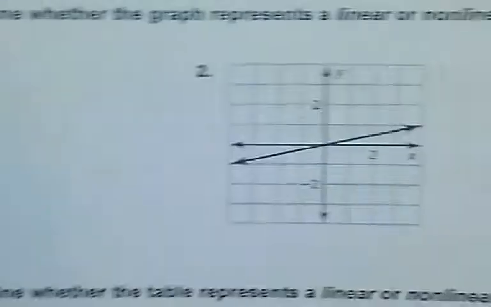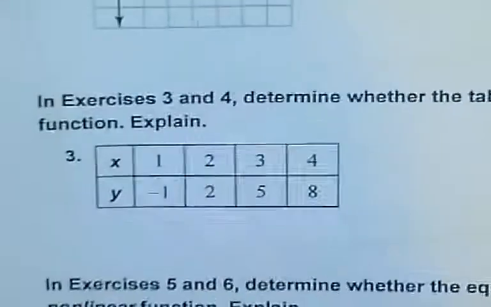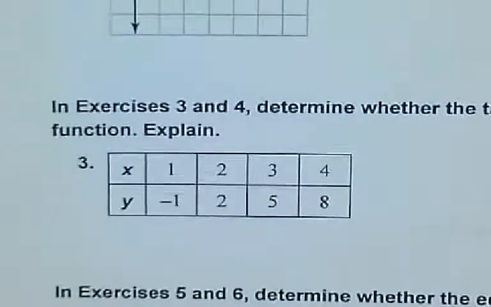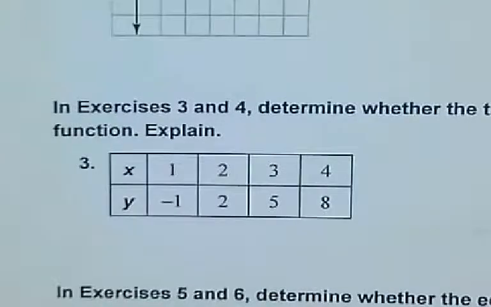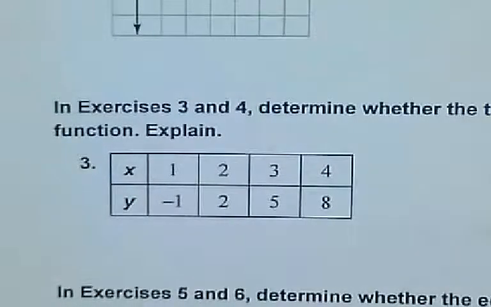Number 3. Give it a look. Tell me, do you think this is linear, non-linear, or I don't know? You can go any way you want. There's no right or wrong answer, guys. The difference here is +1, +1, +1.